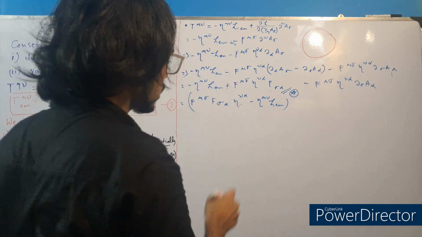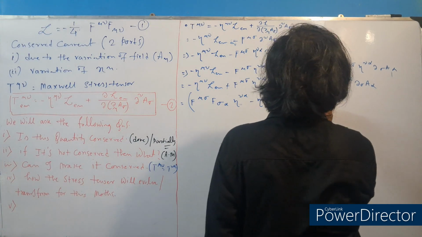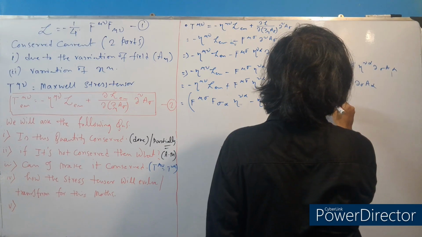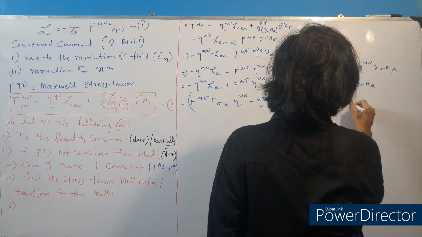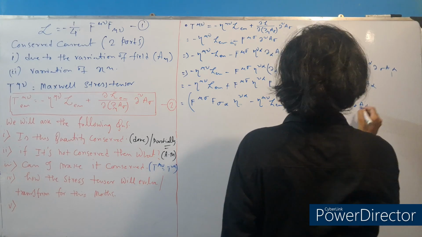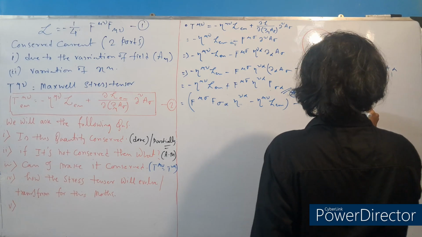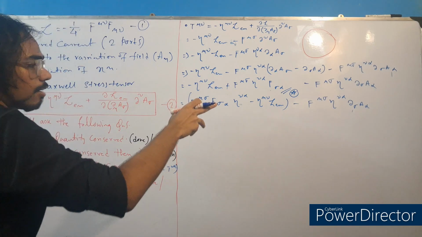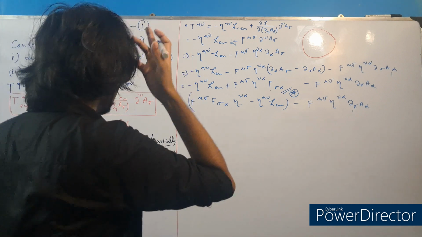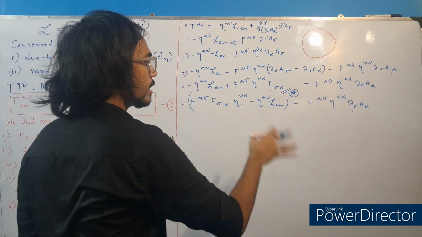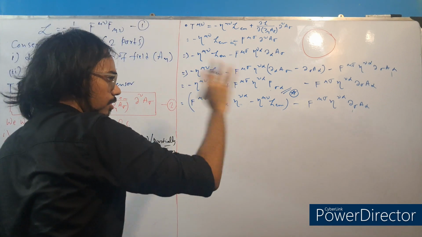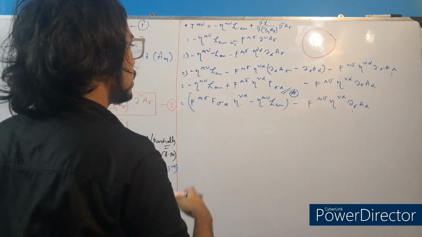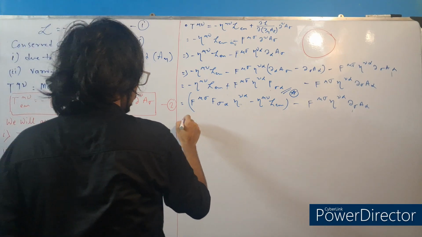This is the thing, and the rest is F mu sigma eta nu alpha del sigma A. Sometimes my sigma looks like alpha, they look similar, but please, if you perform the calculation with your own hand, then I think you will not have any confusion.